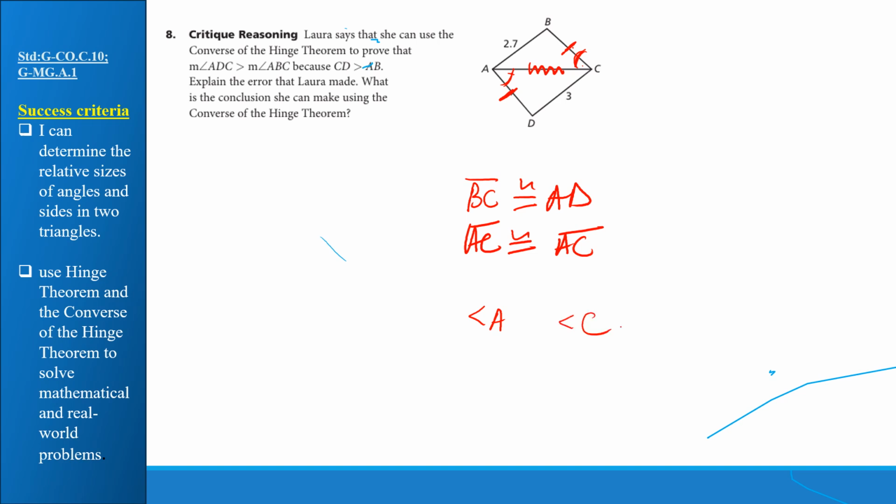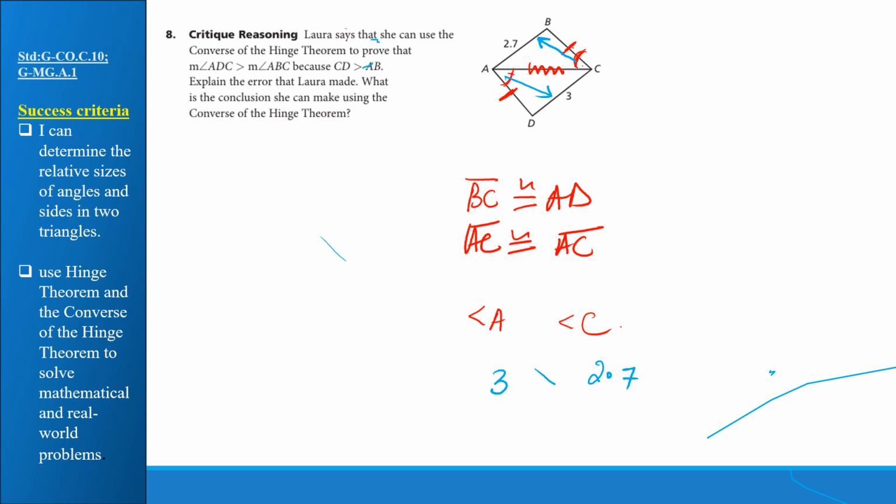Now compare the sides which are given to them, the opposite sides of the included angle. So opposite to angle C is 2.7. The side opposite to angle A is 3.